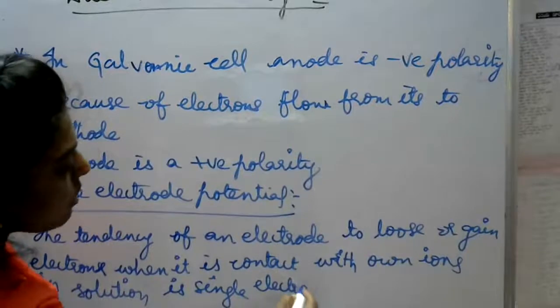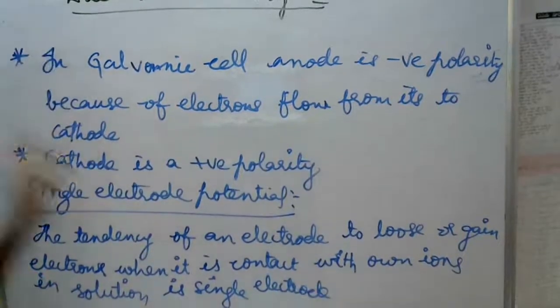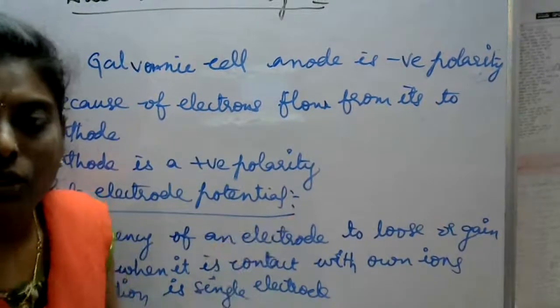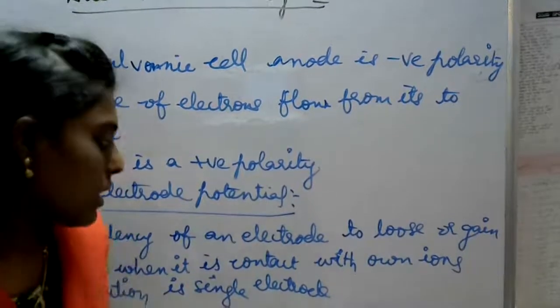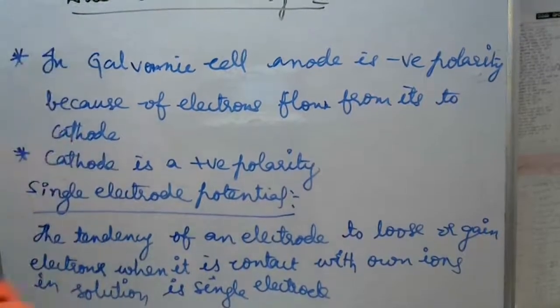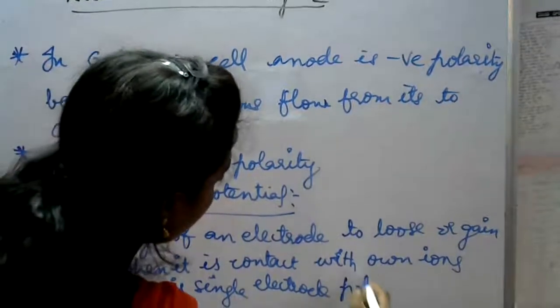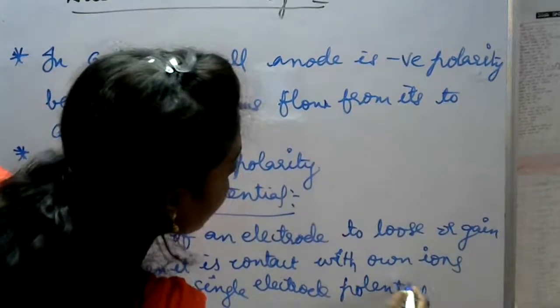Here one electrode acts as both cathode and anode, so that is why it is called single electrode potential. There is no other electrode.